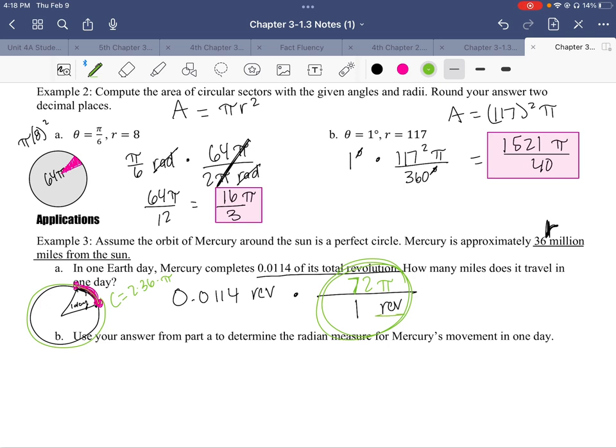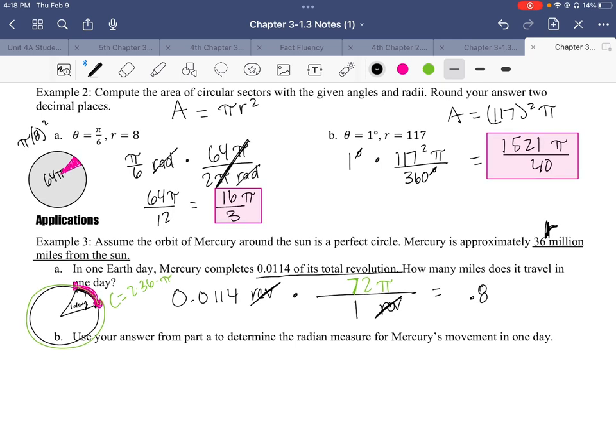Entire orbit, entire circumference of that orbit, okay? So then we have that our revolutions are going to cancel, and we are left with 72 times 0.0114, which is 0.8208 pi.